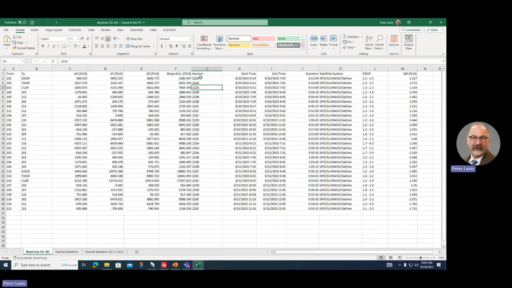And when you have more than 3 receivers running, you can't close a loop in a single session. If you close a loop in a single session, you're using a dependent vector.